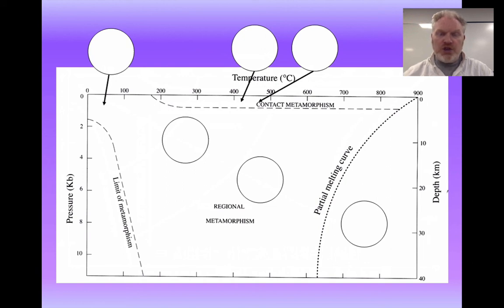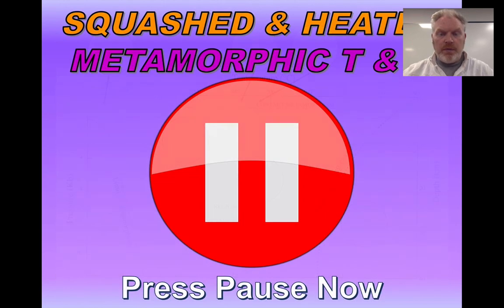Okay, what conditions would they form in? I'd also like you to think about, for the metamorphic rocks, what their parent rock might be. What did they start out as? Okay. Now's the time to press pause and have a go at that question. See what you come up with.